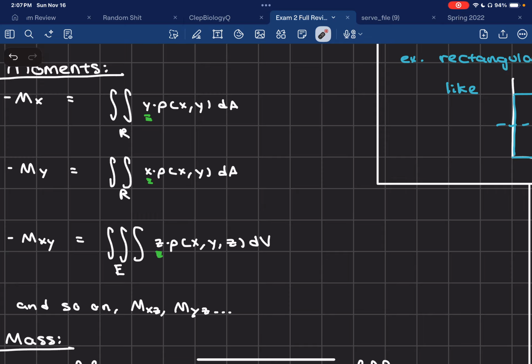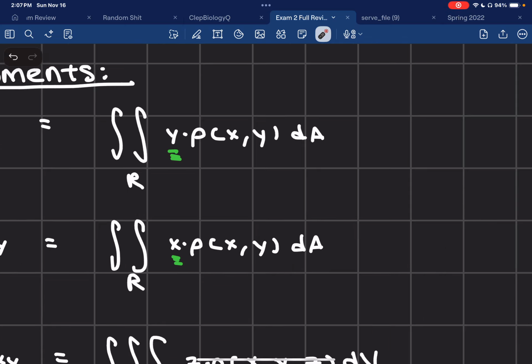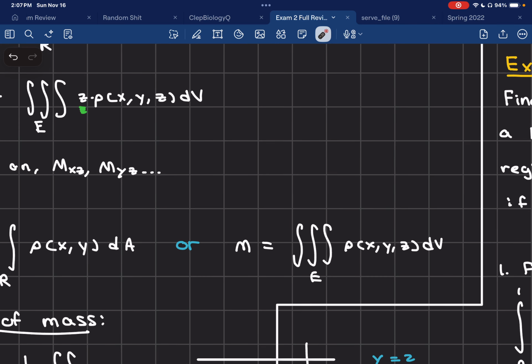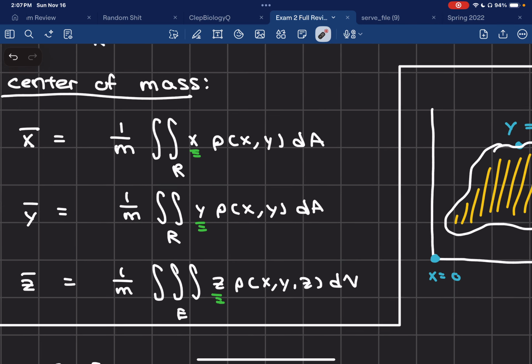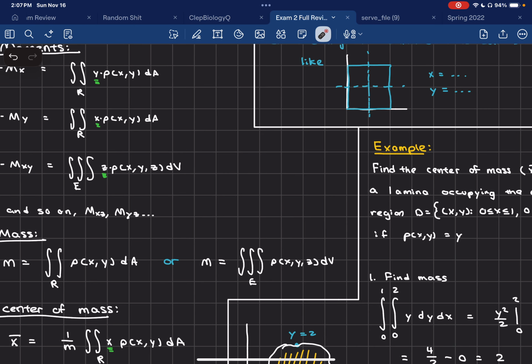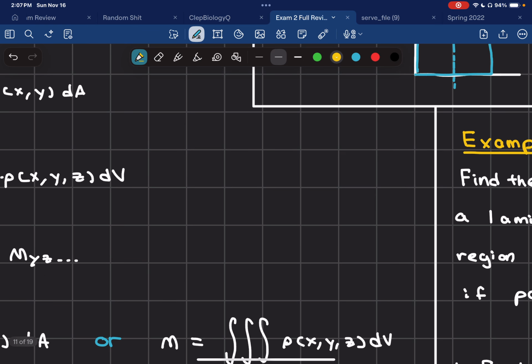What you should know is that when you're solving for these, you will be multiplying by the opposite variable. For example, you see this is Mx, you're multiplying by y, and you might be wondering, why is that? Well, when you're finding the center of mass, the center of mass is actually equal to these values right here, x bar, y bar, z bar.